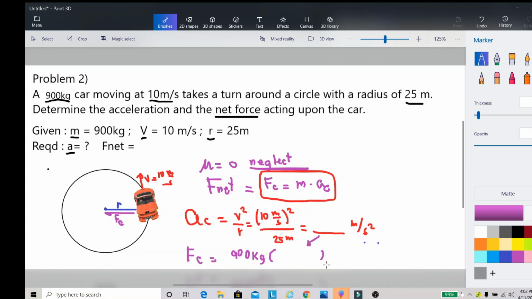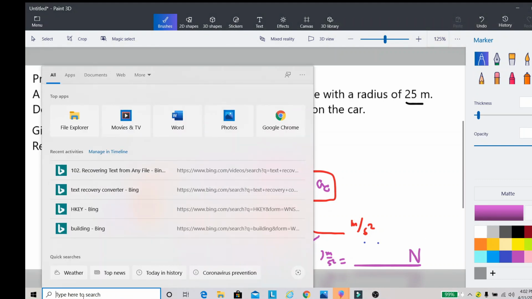Okay, that will be in meter per second squared. Therefore, ang ating magiging unit will be kilogram meter per second squared. Ating magiging unit is in Newton. So let us grab a calculator.